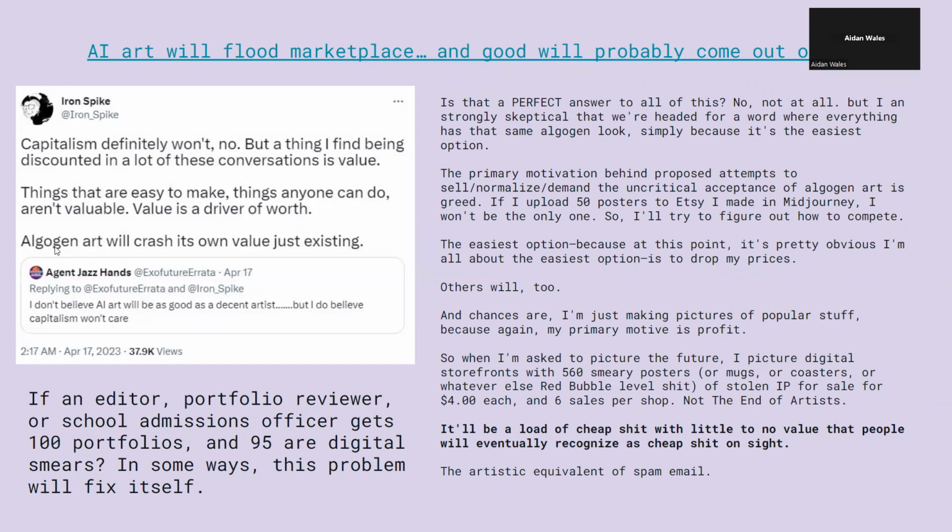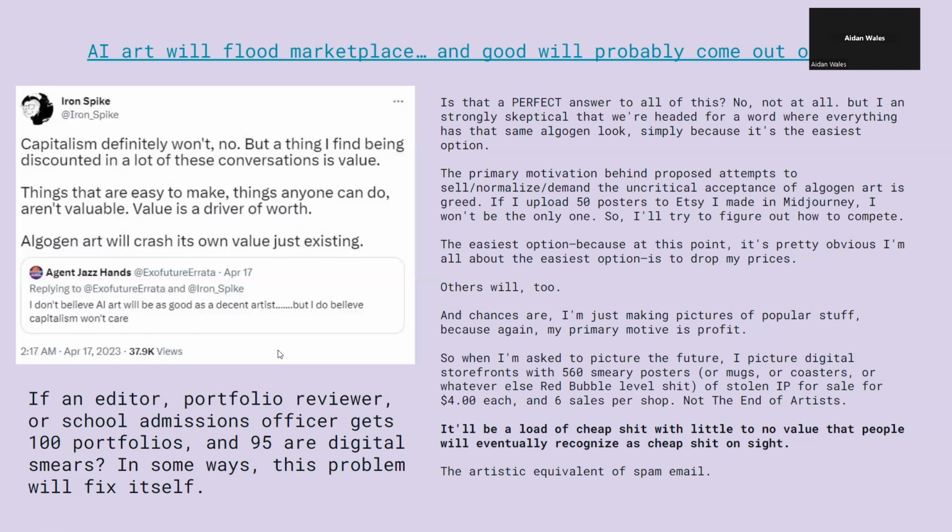Algorithmic generated art will crash its own value just existing." So here's an example of how this might work. If an editor, portfolio reviewer, or school admissions officer gets 100 portfolios and 95 are digital smears, meaning AI art, in some ways this problem will fix itself.